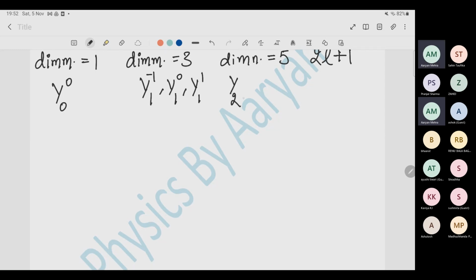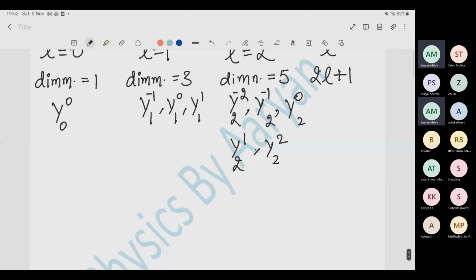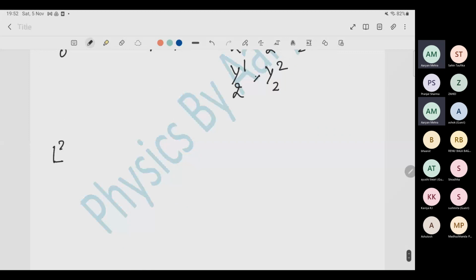For L equals 2, 5 possible states are there. Is it fine? Did everyone understand?